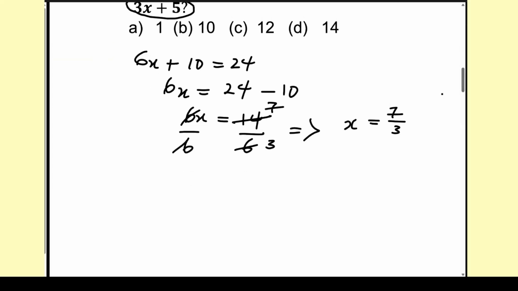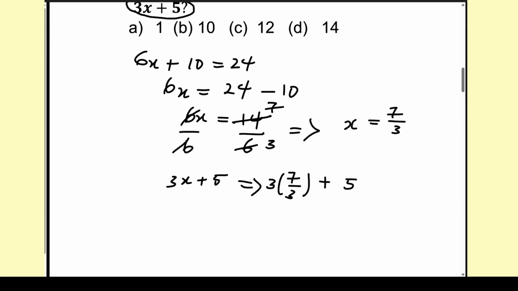So we're having 3x plus 5 as what we're supposed to look for. Instead of writing x, we replace x with 7 over 3. So I will write 7 over 3 in brackets, and put this 3 outside, plus 5. Now, this is 3 already, and this is 3, so I can strike this 3 out and this one out.